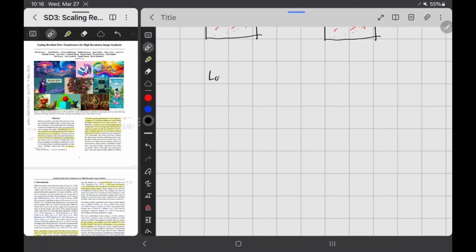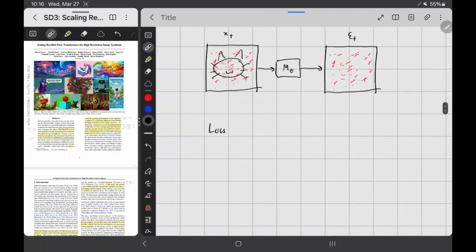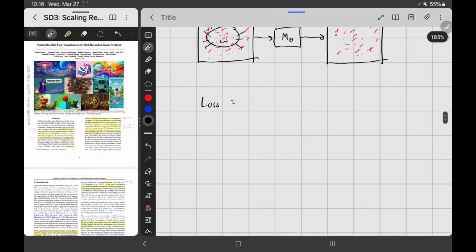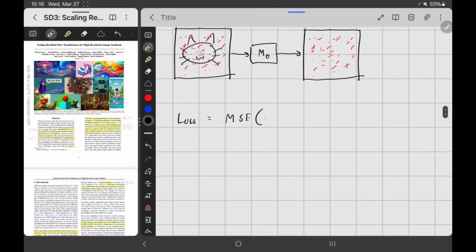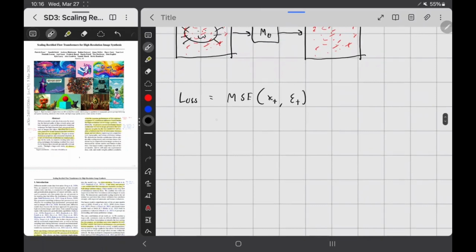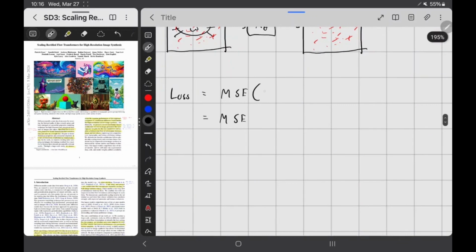So you essentially just want to train your model to predict the noise. Your loss is equal to the mean squared error of your input here, which would be xt, and the noise at that time step. Or rather, it's m theta of xt and epsilon t.